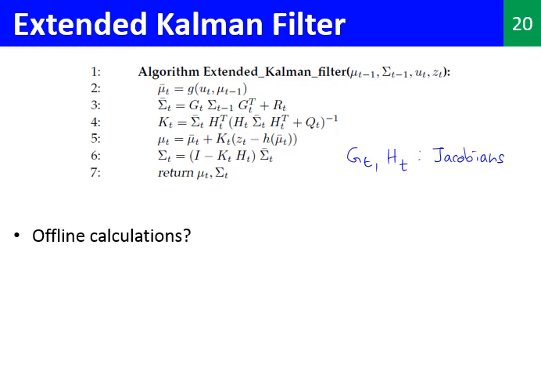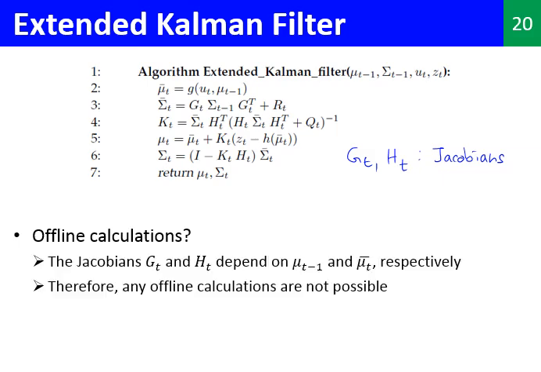Can we do any offline calculations in extended Kalman filter similar to the standard Kalman filter? Well, you already saw that the Jacobian G t depends on mu t minus 1 and the Jacobian H t depends on mu t bar. So unfortunately, we cannot perform any offline calculations in EKF. Everything should be done in real time.